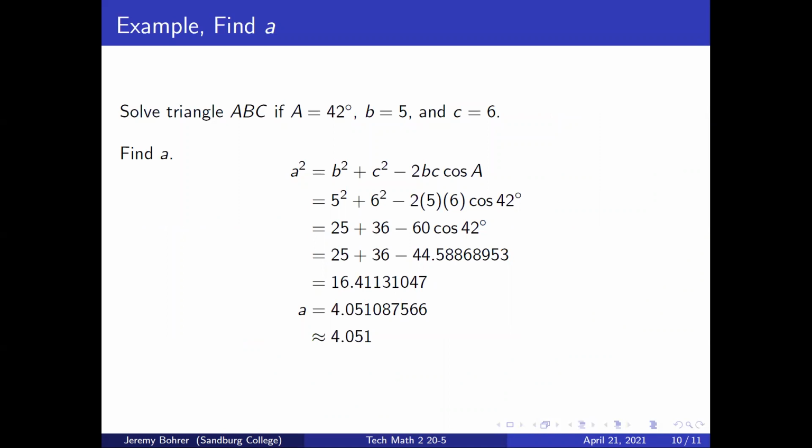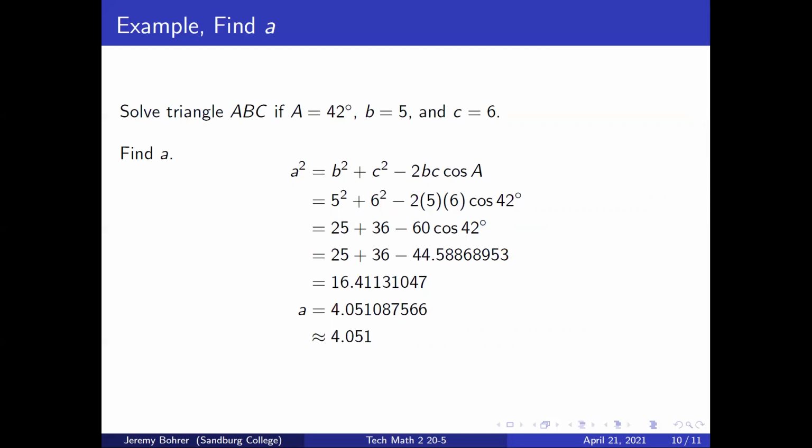Solve triangle ABC if A equals 42 degrees, b equals 5, and c equals 6. First, we find side a. We know that a squared equals b squared plus c squared minus 2bc cosine A. We plug in the values to get that a squared is equal to 5 squared plus 6 squared minus 2 times 5 times 6 times the cosine of 42 degrees, which is 25 plus 36 minus 60 times the cosine of 42 degrees, which gives us 25 plus 36 minus 44.58868953, which is 16.41131047.